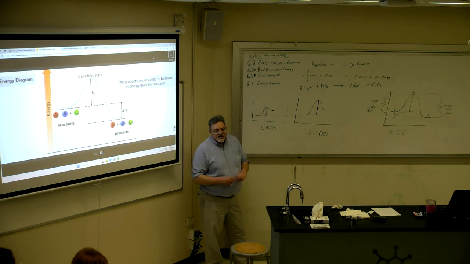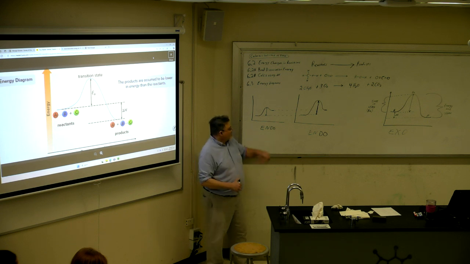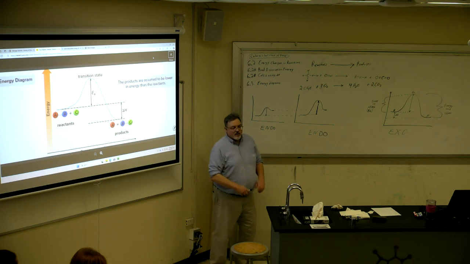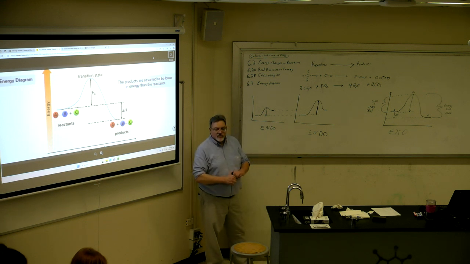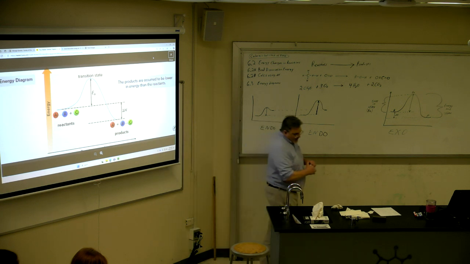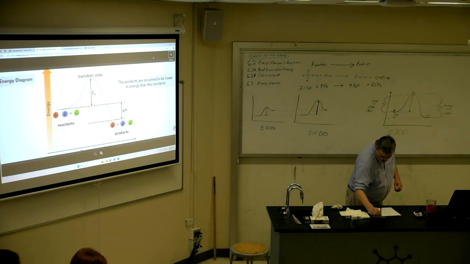That activation energy is sometimes referred to as the energy barrier. And if it has a low energy barrier, it has a stronger tendency to occur. And when it occurs, it will occur faster. I think that's all the qualitative stuff I need to say about energy diagrams.